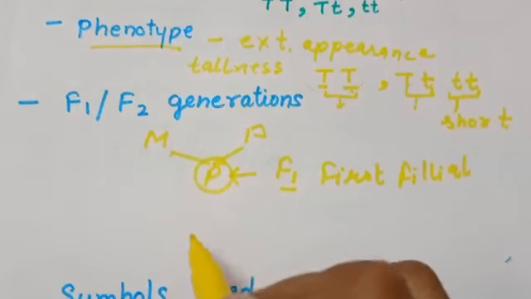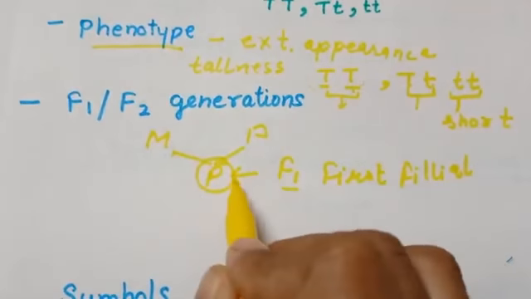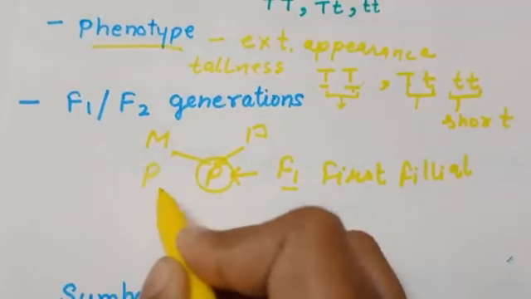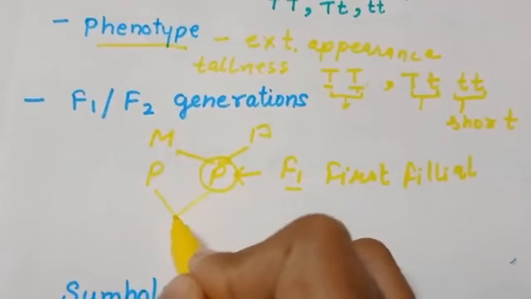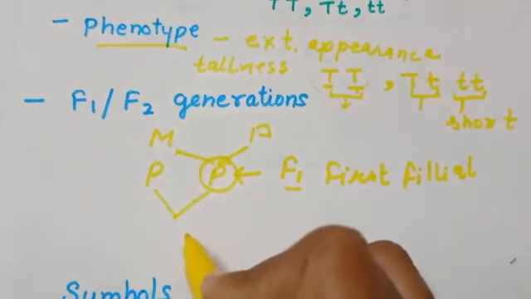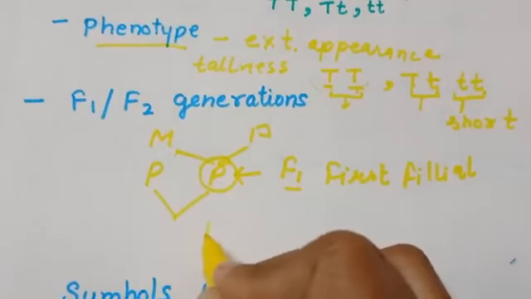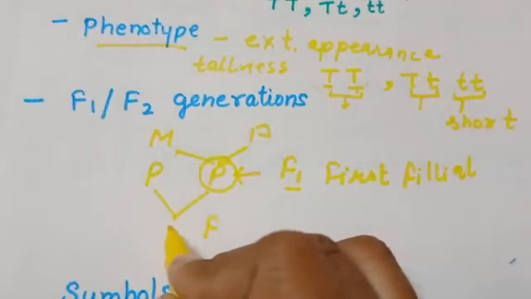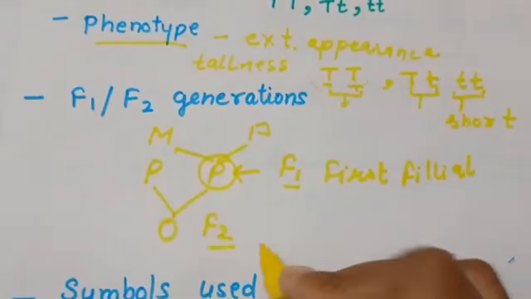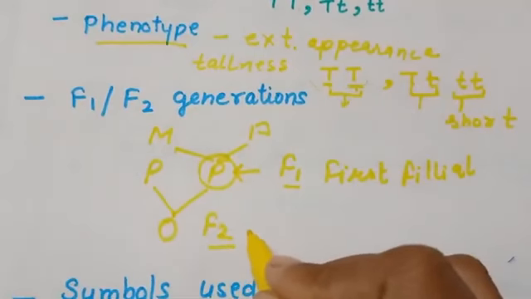So if we have two different organisms of the first generation, and these two cross with each other, then the individual which is formed is called the F2 generation. So here the organism will be called the second filial generation or F2 generation.